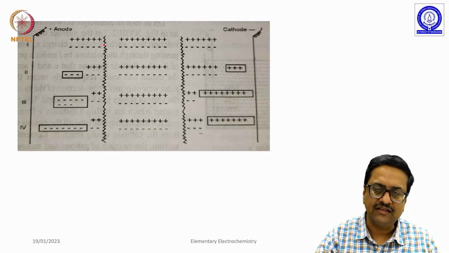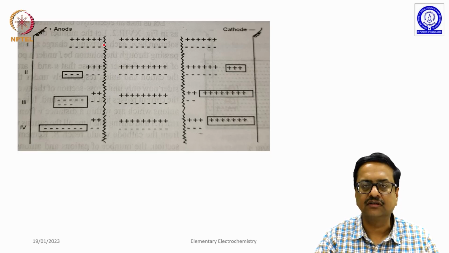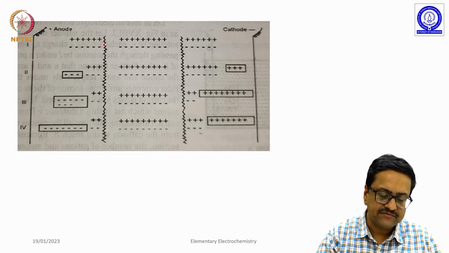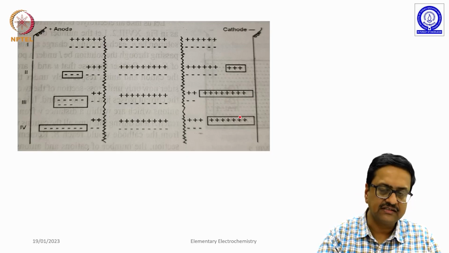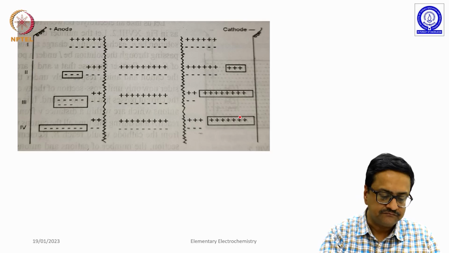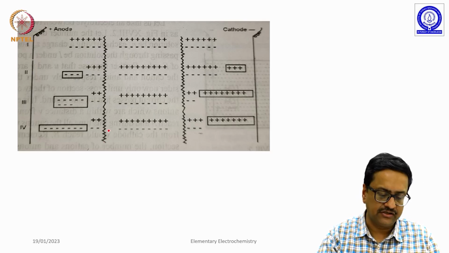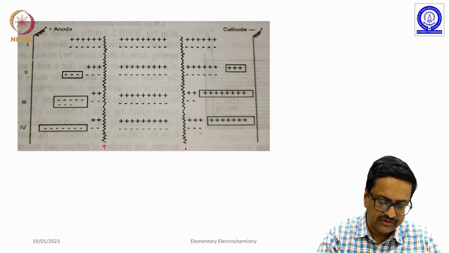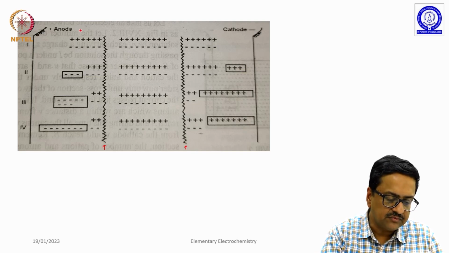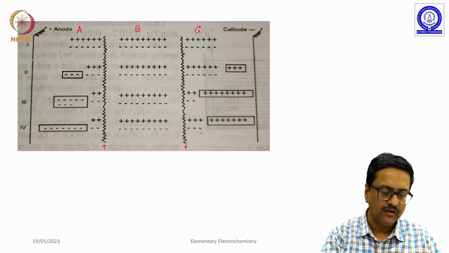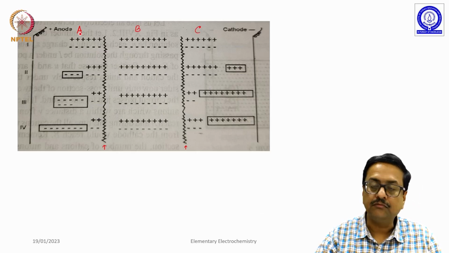You can assume them as H plus and Cl minus for simplicity, and I have divided this electrochemical cell into three imaginary components with imaginary boundary lines, just for our easy understanding. Suppose this chamber I call A, this is the middle chamber B, and this is the cathode chamber C. So, we have three chambers: anode, B and cathode.